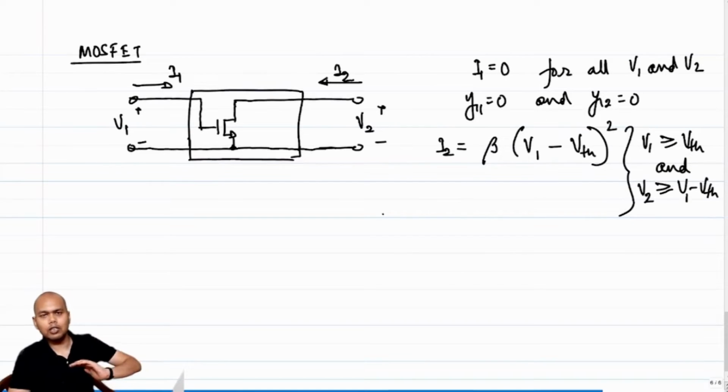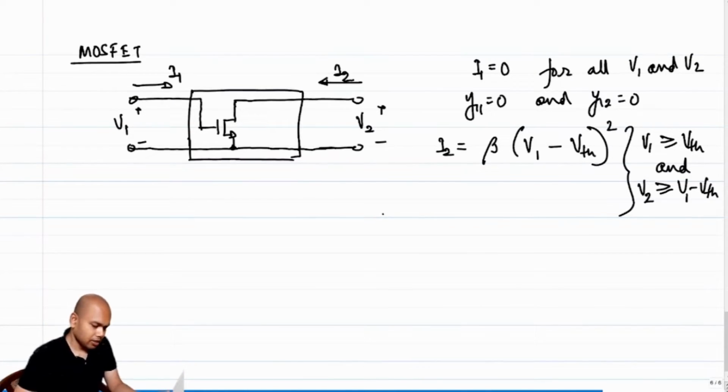So this is just how the current equations are.